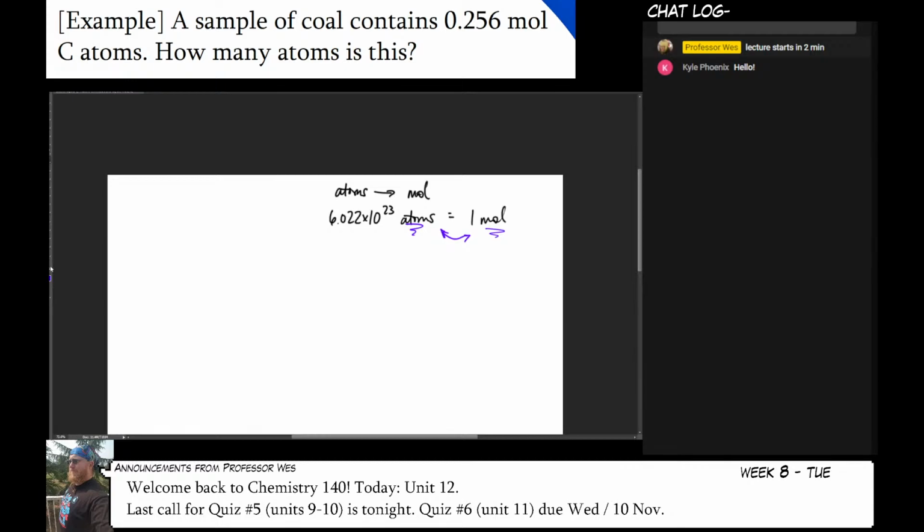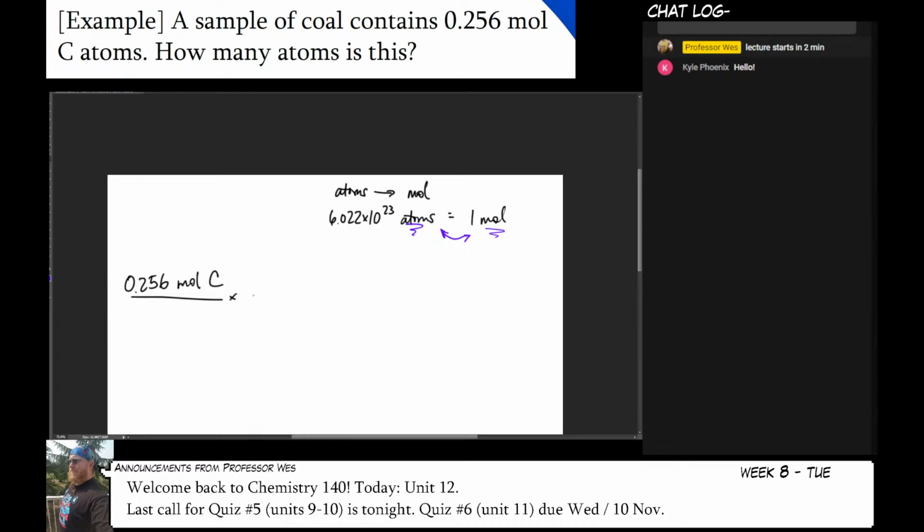If I gave you feet, you could convert it to inches. If I gave you inches, you could convert it to feet. Same principle applies here. So here's the number that we're starting with. I have this many moles of carbon. And my question is asking you, how many atoms are in that sample?